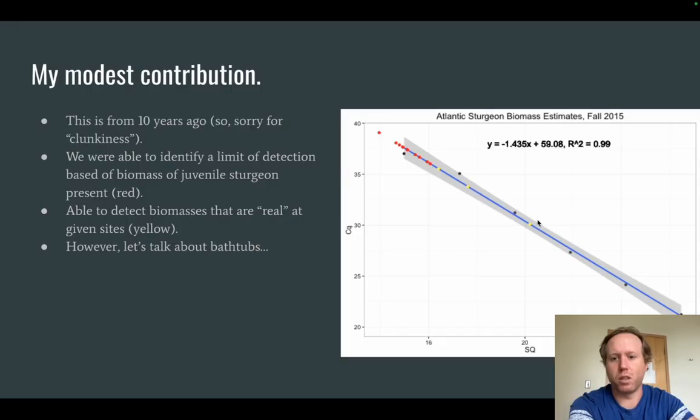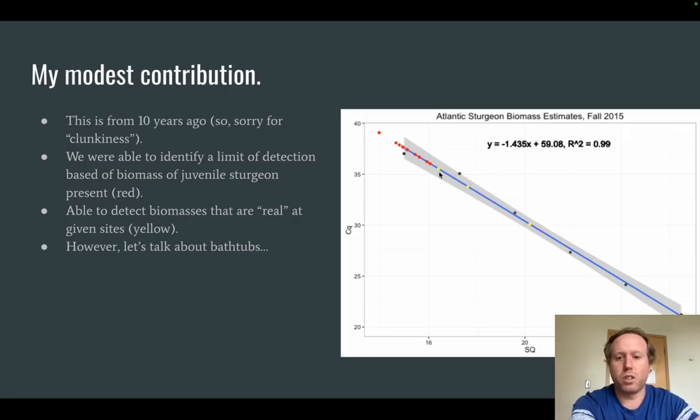So it looks like there's one, but there's at least 3 in each of these to get the points that we have here to understand the biomass levels of Atlantic sturgeon. This was in the fall, I think, of 2013 or 14 that these data are from. So the yellow dots are above what we would consider the limit of detection based off our very rough estimation of the juvenile sturgeon biomass that's present.